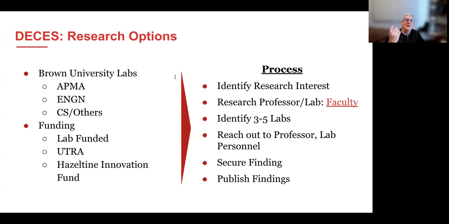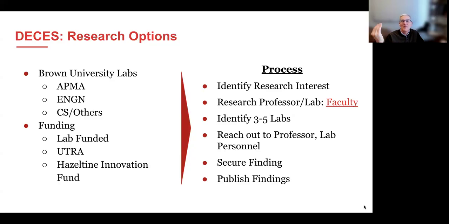In terms of the funding for research, there's lab funding. There is funding available from the university, because typically when you're doing research, you will get paid for that as well.